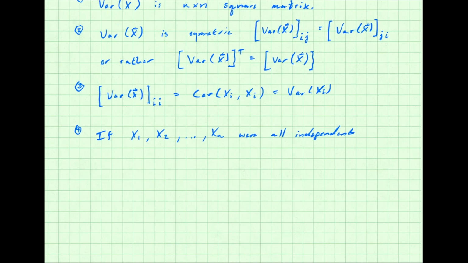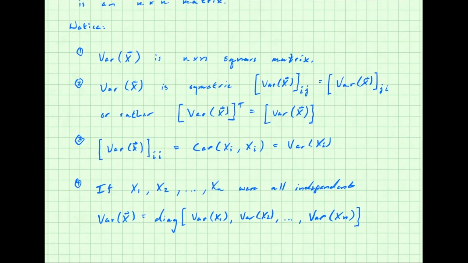Their variances aren't 0, but their covariances are 0. So if that's true, then this variance-covariance matrix is just a diagonal matrix, which we write like this: diag, and then you put the things that are along the diagonal, up to n. Right? Okay, so those are just some properties of the variance-covariance matrix that I wanted to say.